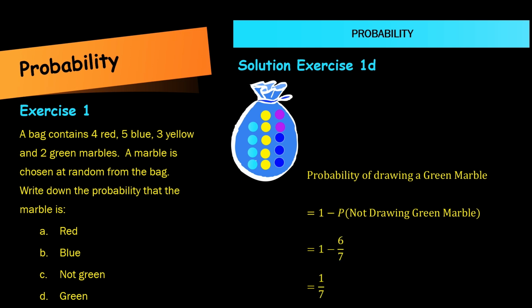This of course could have been solved using a more simple method. However, the technique using 1 minus the probability of not something is a handy one to use in more complex problems.